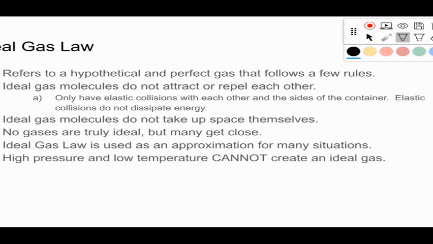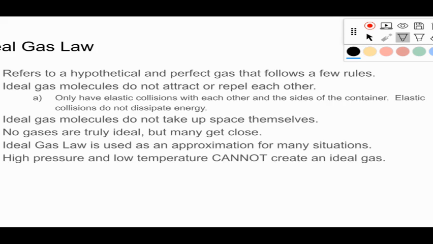The other thing is that ideal gas molecules do not actually take up space, which we know is not true because gas molecules have mass and volume and they do take up space. But some of our gases do get pretty close. So we use this calculation for the ideal gas law to get an approximation of what we think could be a value that this situation could achieve.